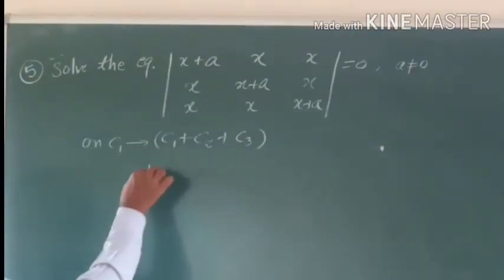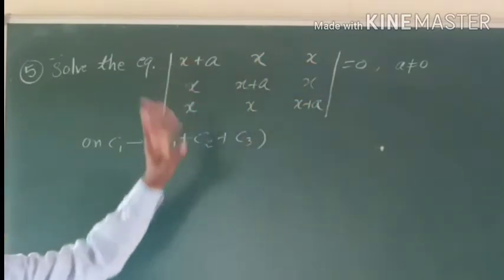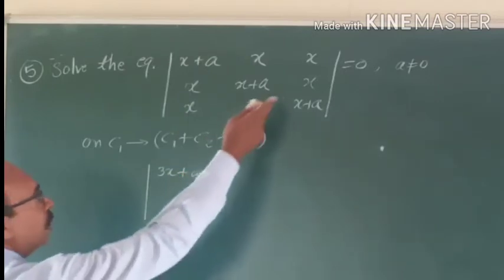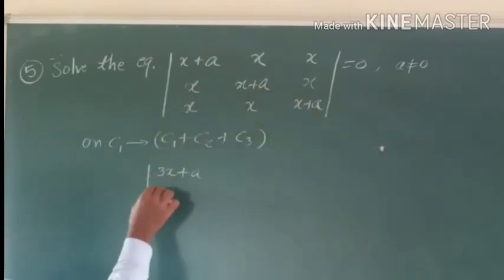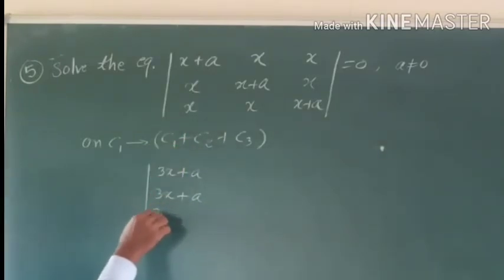So in the first column x, x and x, it means a total of 3x plus a. Here also 3x plus a. Here also 3x plus a.